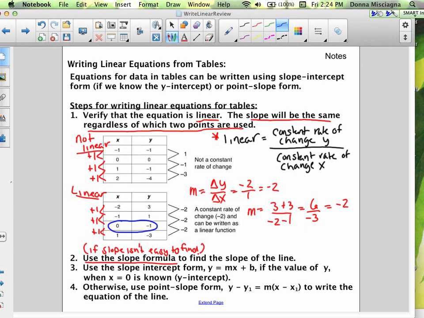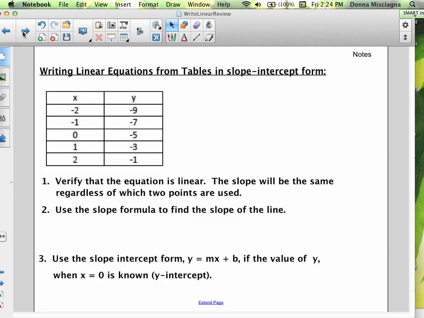Right? So the value of y is -1 when x is 0. So we can just write the equation in slope-intercept form: y equals -2x minus 1. If we didn't know the y-intercept, then we'll use point-slope form instead. All right, so those are our steps for writing equations of linear functions from tables.